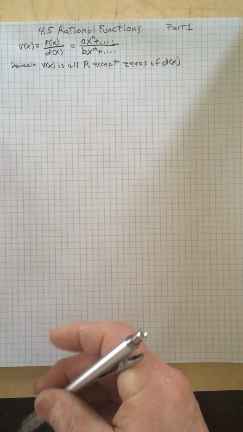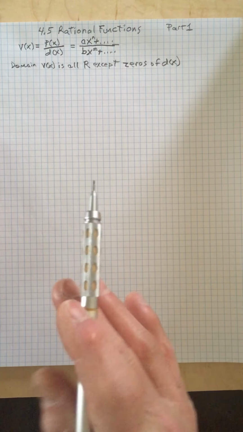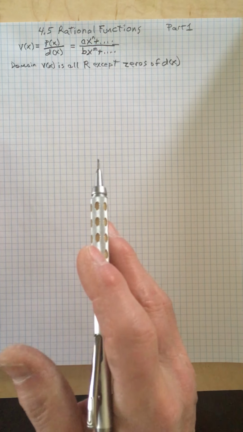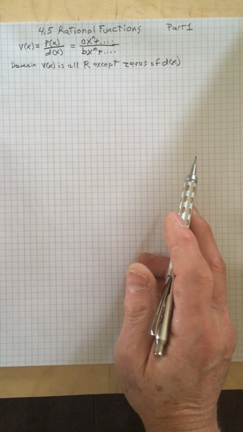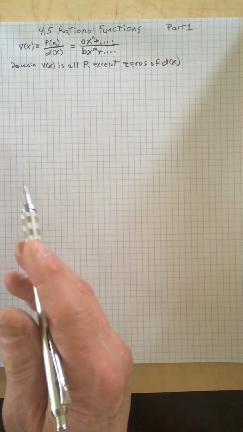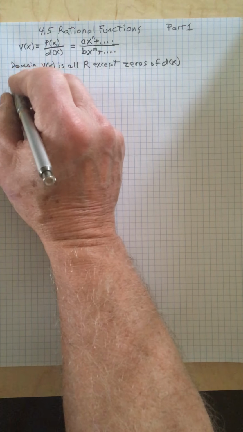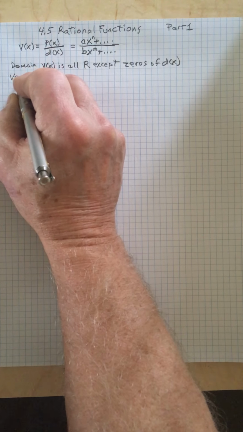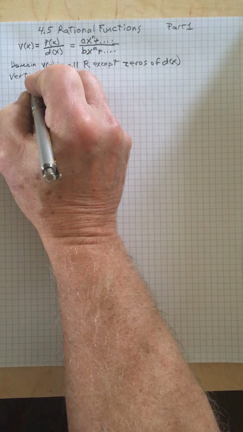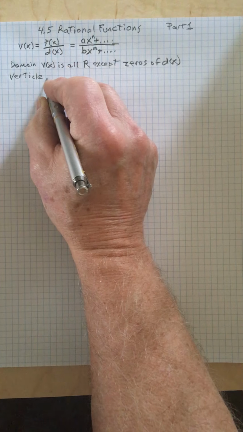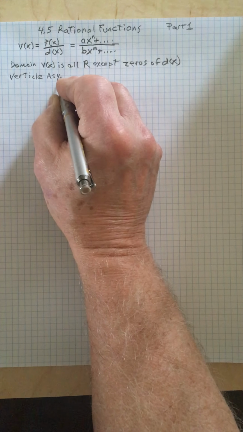Okay, also, since the function can't exist at those x values, if we do find a 0, then that means those are also vertical asymptotes. Now, we've got to be careful here.